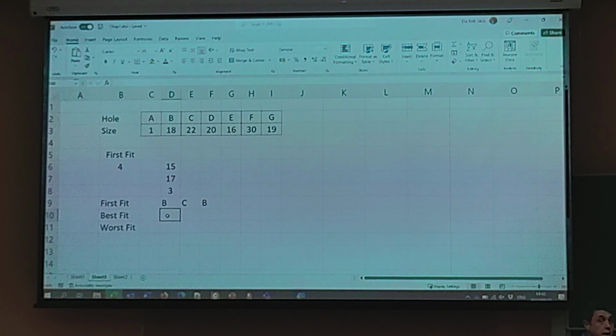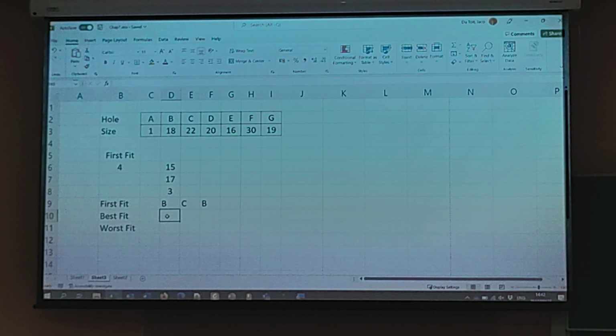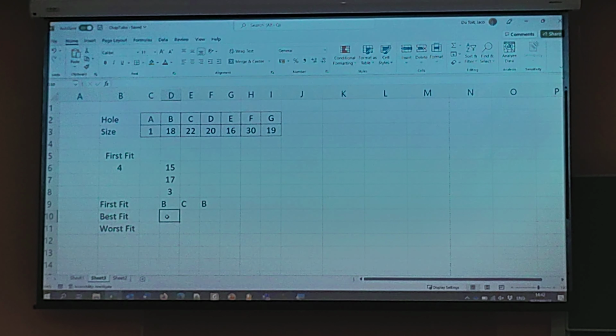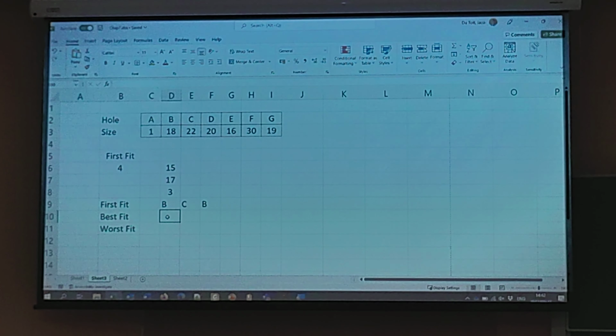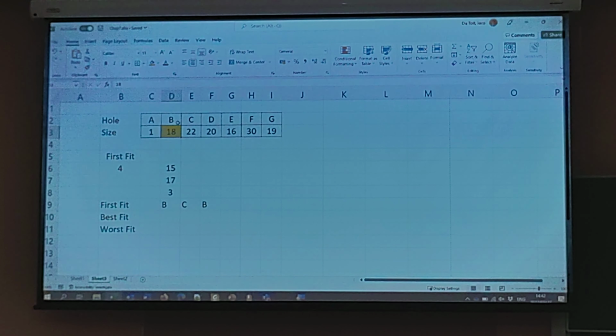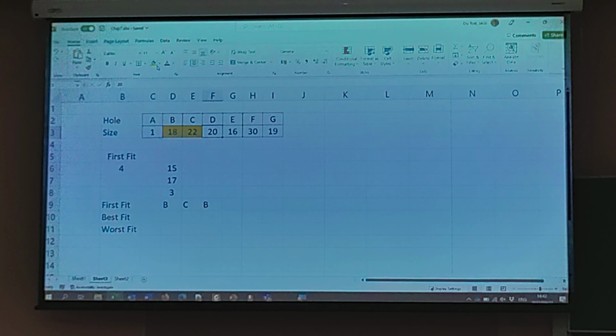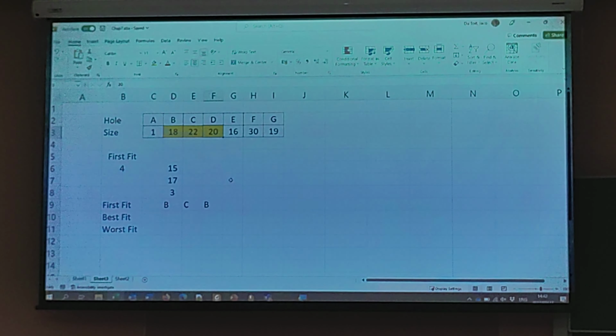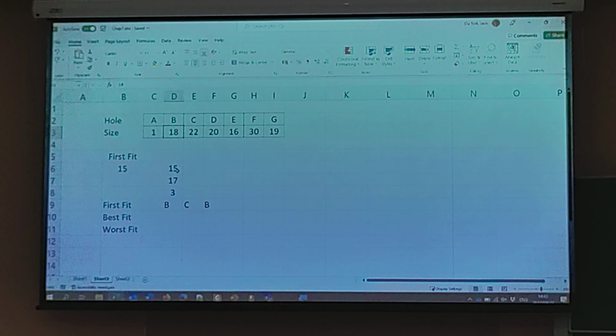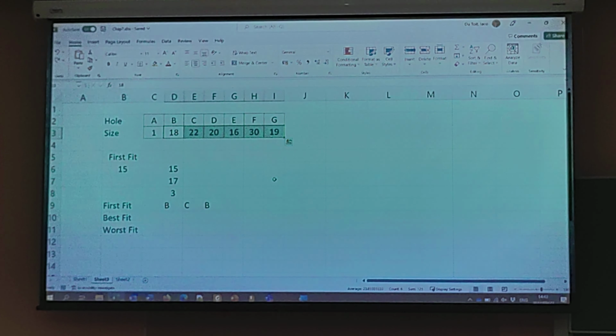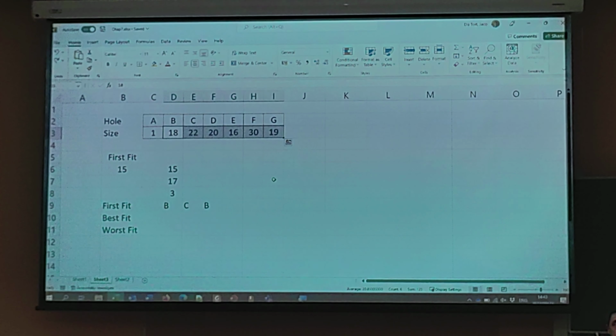First, identify those holes that are big enough to support the request, and then find the hole that has the best fit. So here, the request is for 15, so obviously that is available. Actually all of them. But which one of these fits the best? Meaning when we subtract, we've got the least left.